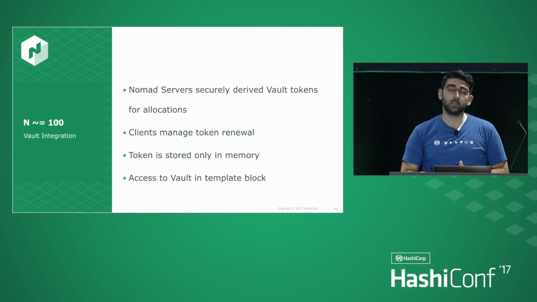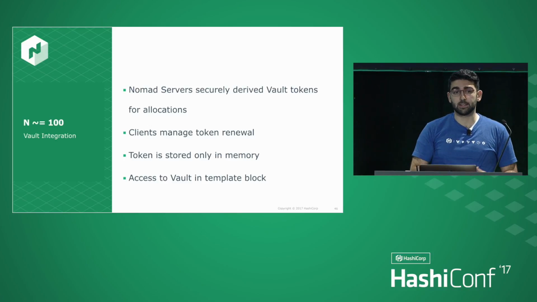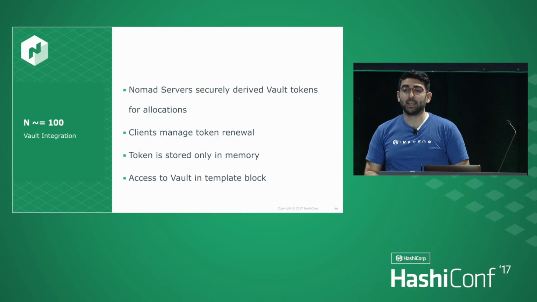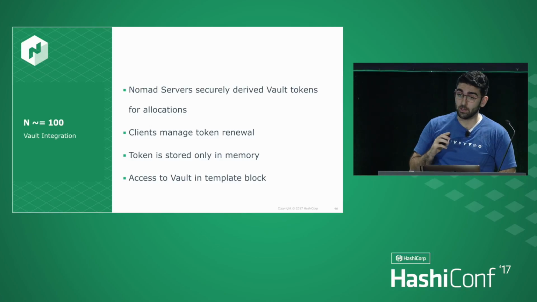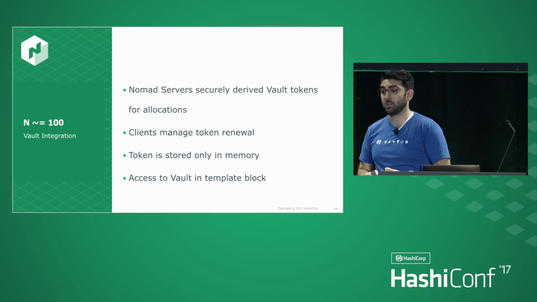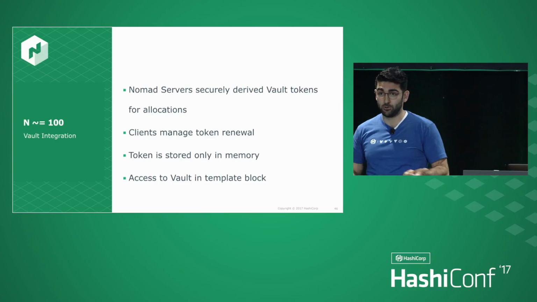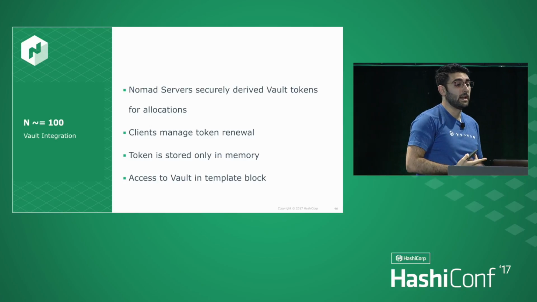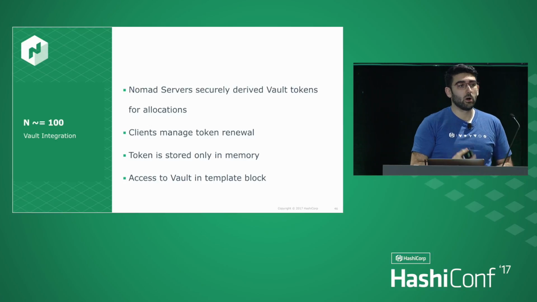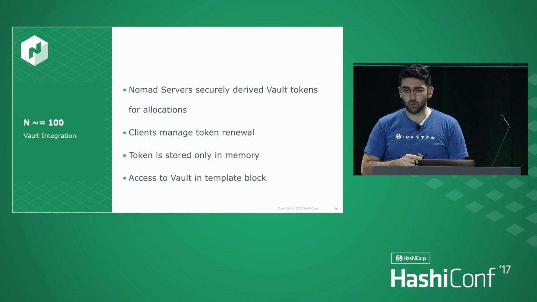So in the end, what an application gets is a very high-level interface. They say what policies they need, and then they get both secure introduction, which for anyone who has actually used Vault is the hardest thing to do, and also automatic token renewal.